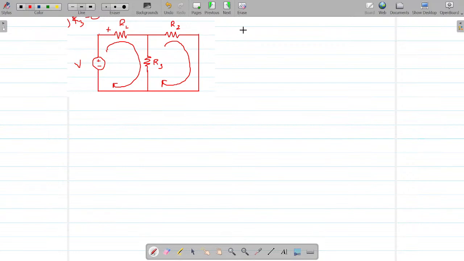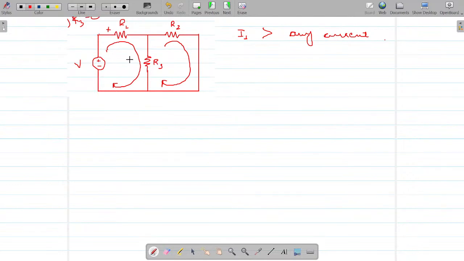We will take I1 to be greater than any other current, and this is why we wrote I1 minus I2 in this branch. I'll write it down and then explain again. Whichever loop we are traversing, the current of that loop would be greater than any other current. Am I clear?